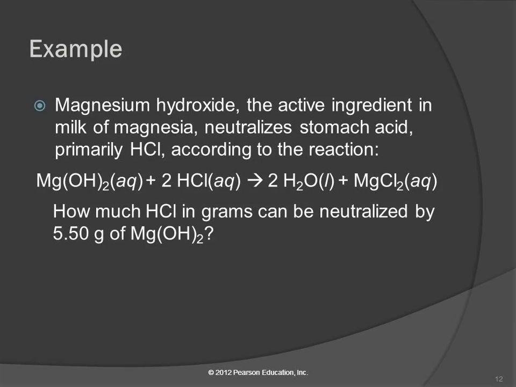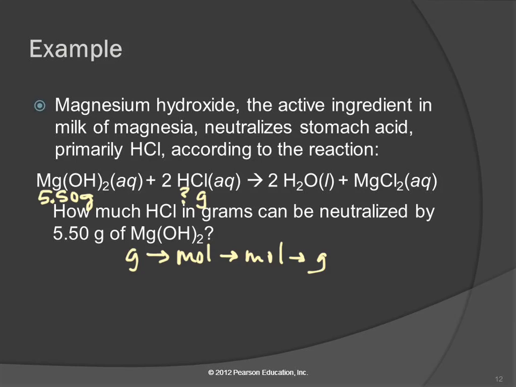So how much HCl? That's the question. Question mark, grams. And then they're giving us 5.50 grams of the magnesium hydroxide. So it's always grams to moles to grams.